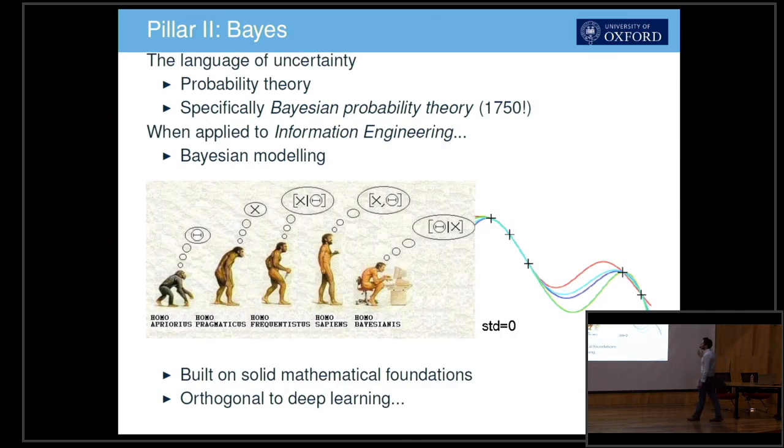So how do we actually talk about uncertainty? The language of uncertainty is probability theory. Specifically, we're going to talk about Bayesian probability theory that has its origins in the 1750s due to Reverend Thomas Bayes.